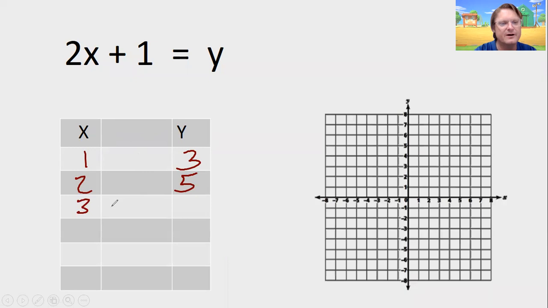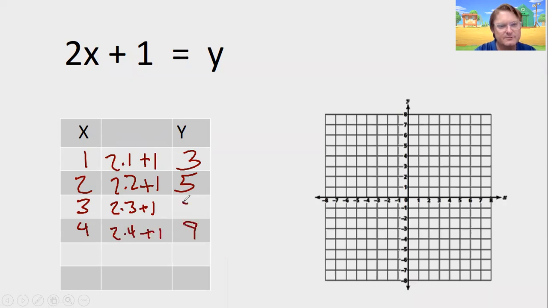I have to plug in the value. So 2 times 3 plus 1, right? I should show you the work. 2 times 1 plus 1. Now, when x is 4, what do we get? I can't remember. I think we got 9, right? Good. Hey, do you see a pattern in the table? Anybody? I'll pause.